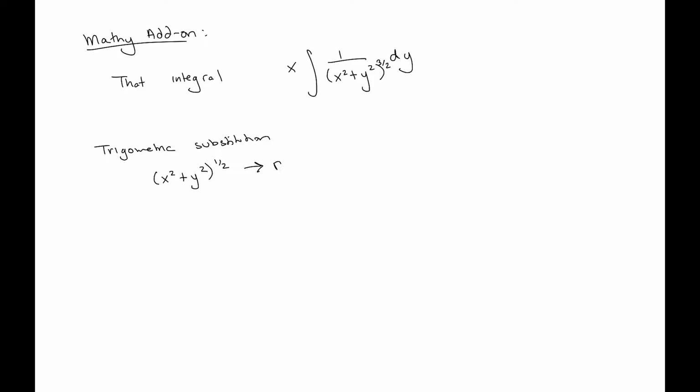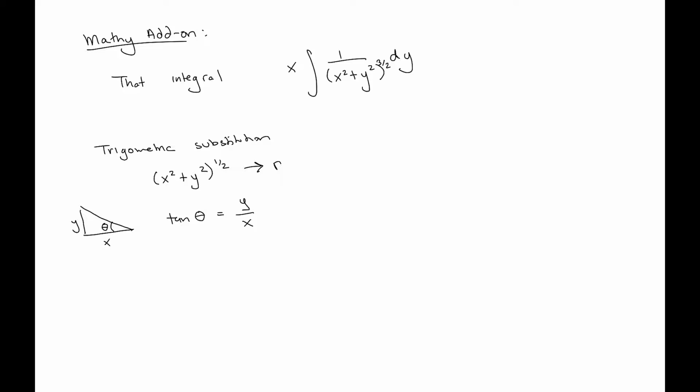Okay, and then if I look at the geometry of the problem here, I'm going to define this angle theta. This is x, this is y. I recognize that the tangent of theta is going to be equal to y over x.